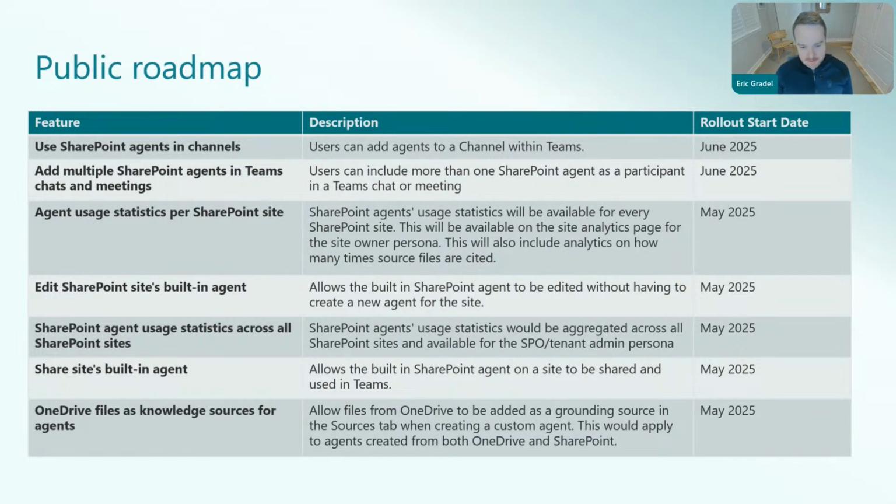You have to create a custom agent like we showed in the live demo to be able to edit any aspect of an agent. But that changes in May. We'll let people edit that out-of-box agent soon. And lots of usage statistics that can be aggregated across all SharePoint sites and are available to the admin will also come in May.